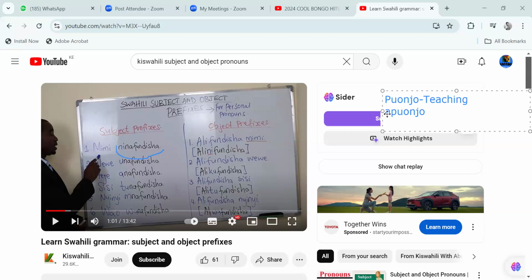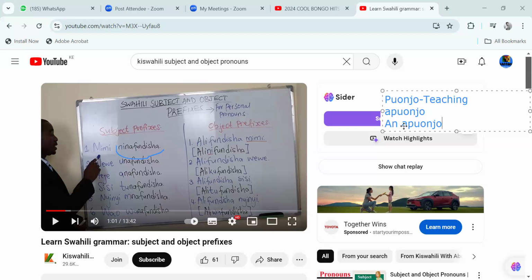But if you want to say, me, I am teaching, it would be an apuonjo. So here I repeat the an, which is me, and apuonjo, which is I'm teaching. I remove the an, which is the pronoun, by just saying the word apuonjo. And the prefix now replaces the pronoun.